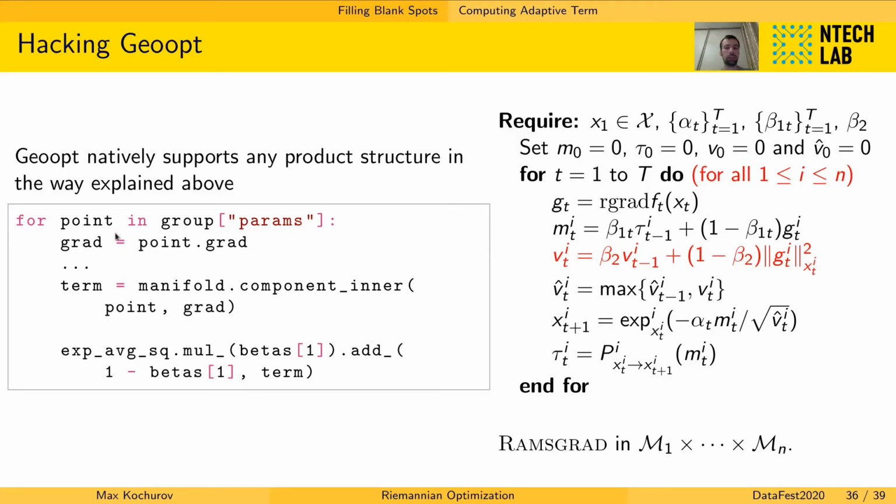Given a point and its pre-computed gradient, we can compute the component inner at the point for the gradient. And yes, this component inner will take into account all the product structure you have in your manifold optimization problem. You compute the adaptive term exactly the same way you did it in regular Adam in the Euclidean case, using the same equations.